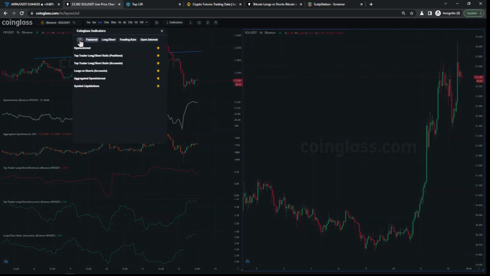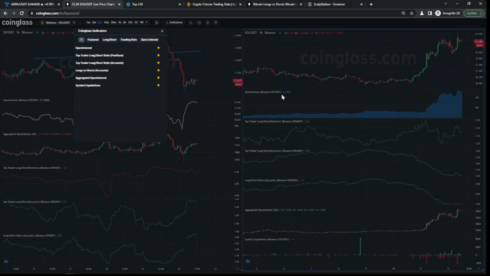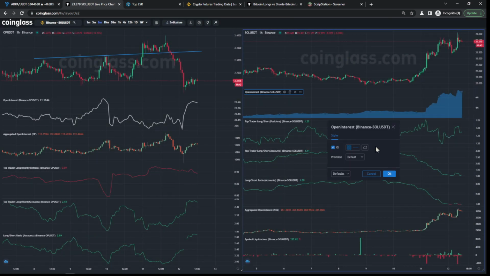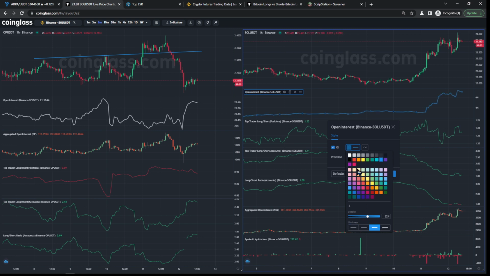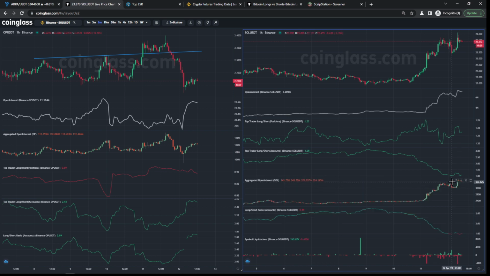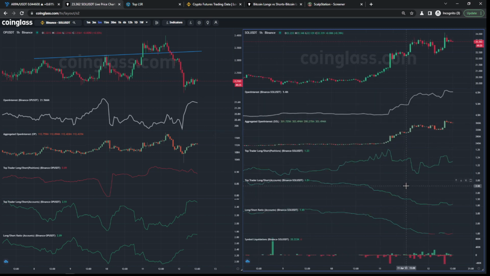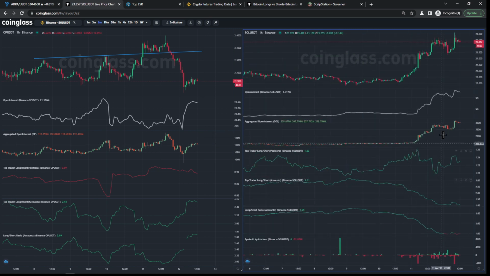That's the problem with Coinglass. Just one sec. I'm gonna put the line because it's much better to see it. So this is what happened with Solana yesterday, guys.